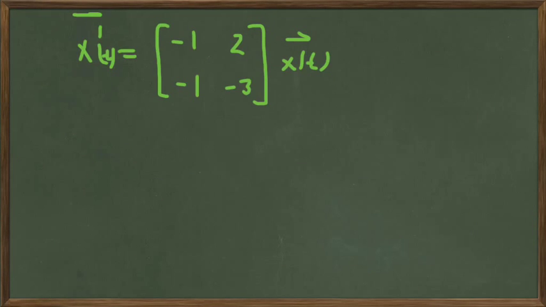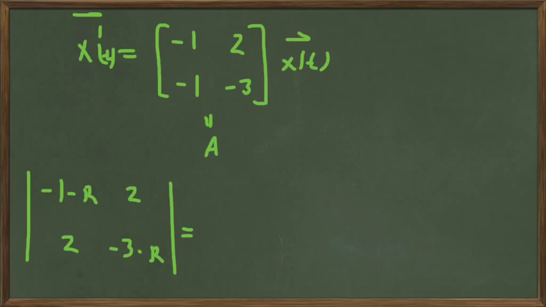So here's our x prime equals Ax. Here's our matrix A. We find the determinant of A minus RI. So that's minus 1 minus R. We don't change this entry or this entry, but we change those on the so-called main diagonal. That's this diagonal, top left to bottom right, and subtract R from them and form that determinant.